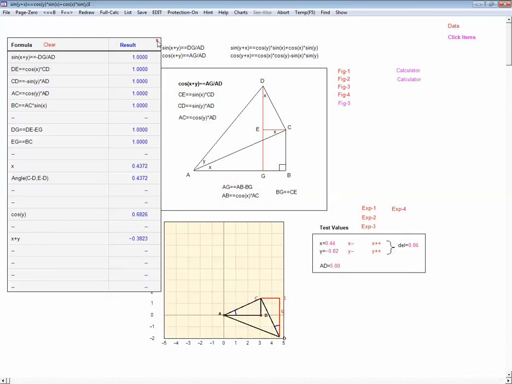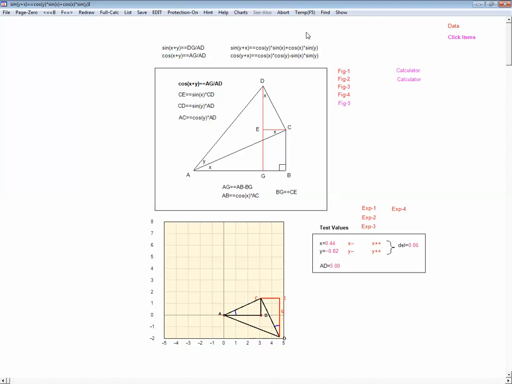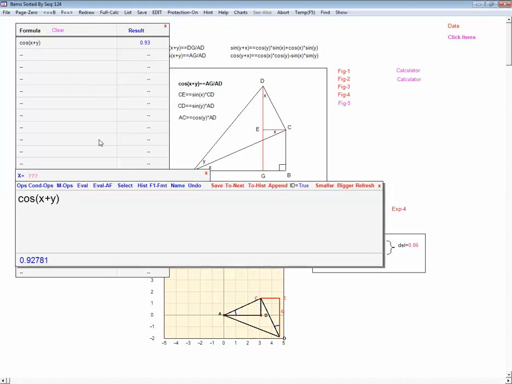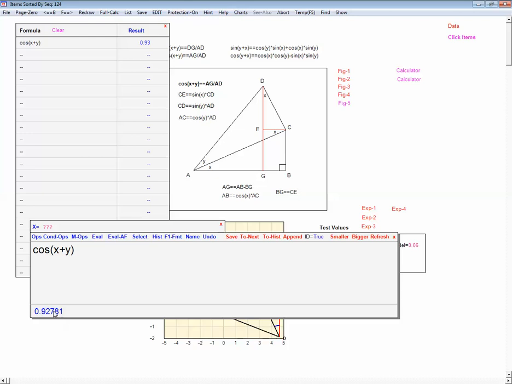identities for sine and cosine. So let's look at it like this. Here's our formula for the cosine of x plus y. Okay, and let's keep track of that value, 0.92781, at the bottom. I'm going to make some transformations to my formula, and I want to make sure I don't change that.